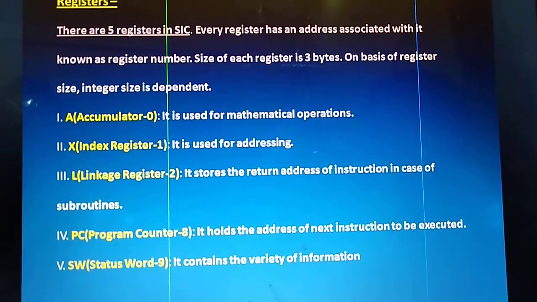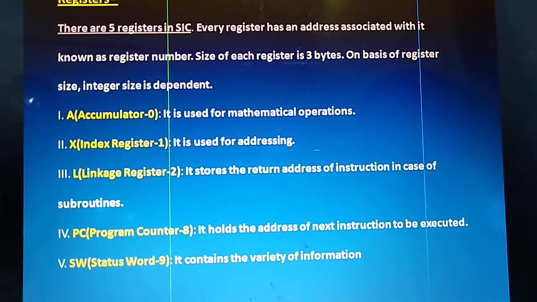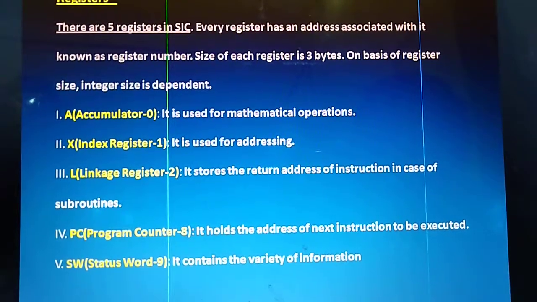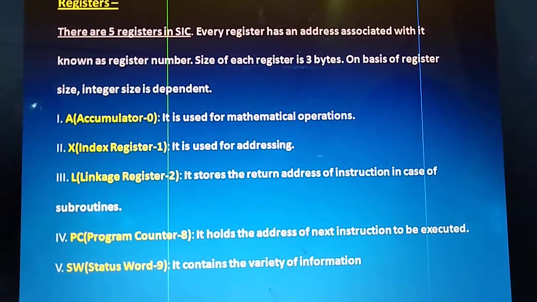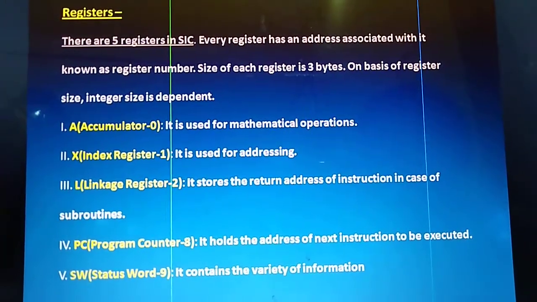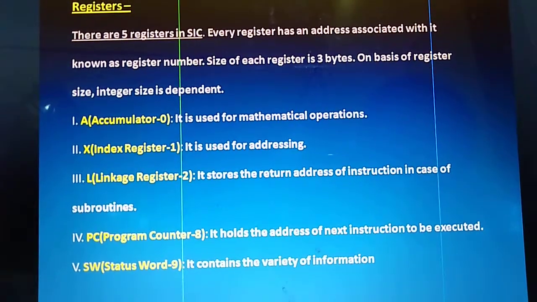The size of each register is 3 bytes. On the basis of register size, integer size is dependent. Whenever we talk about the 5 different registers, every register is known by a register number.